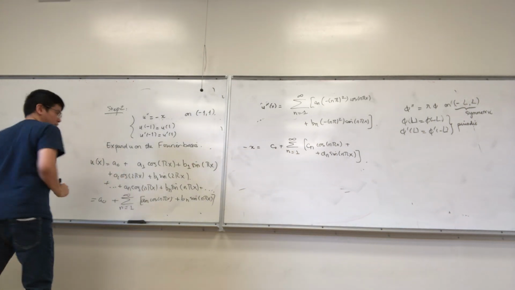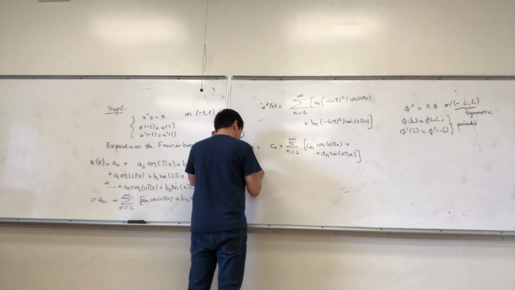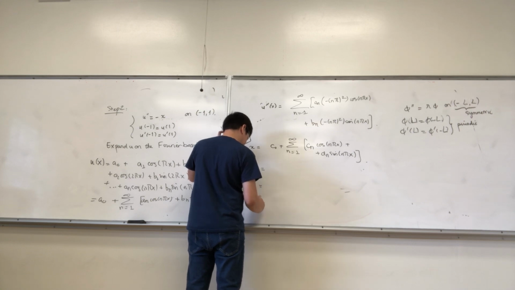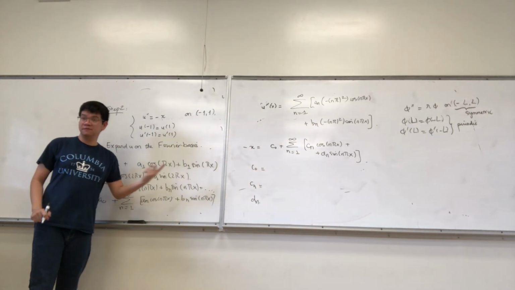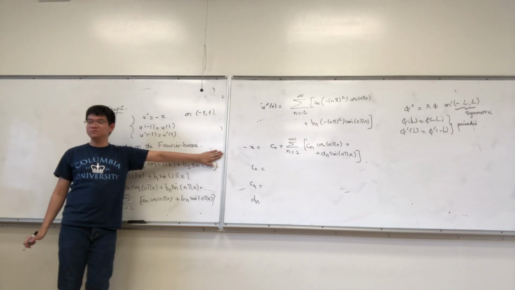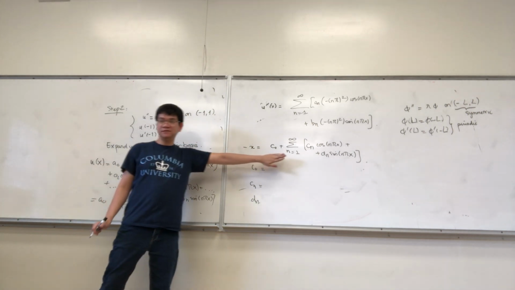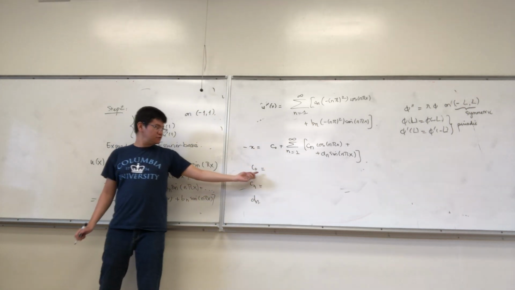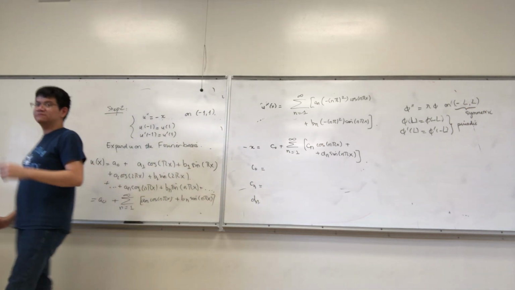Now, I have to compute each of these, cn and dn, right? The next step is to expand minus x on the Fourier basis. C0, so how can I compute c0?